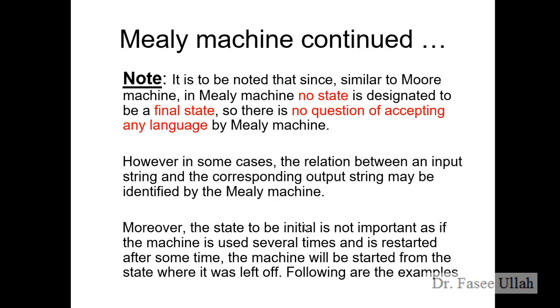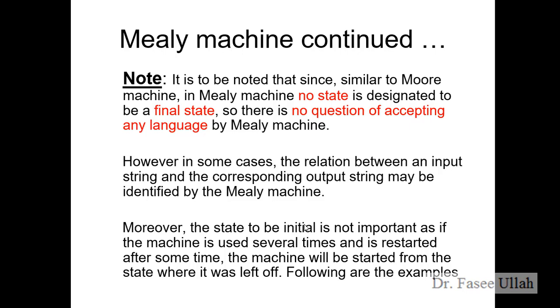We have some important information regarding the Mealy machine before construction. It is to be noted that, similar to the Moore machine, in the Mealy machine we do not have a designated final state.